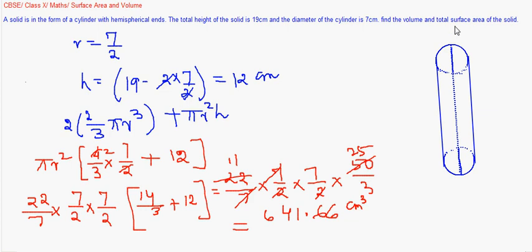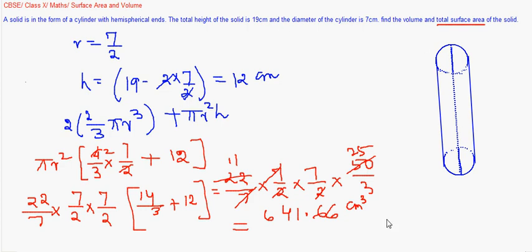We also have to find the total surface area of the solid. The total surface area of the solid will be curved surface area of this cylinder, and also surface area of both these hemispheres. So I can use this space to find the surface area.